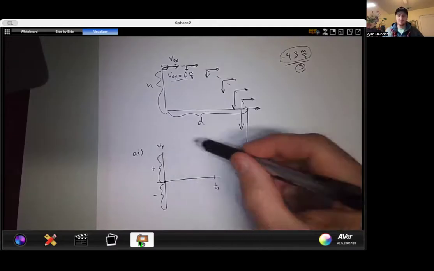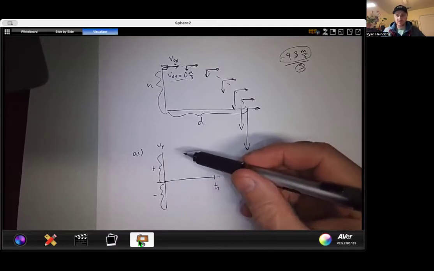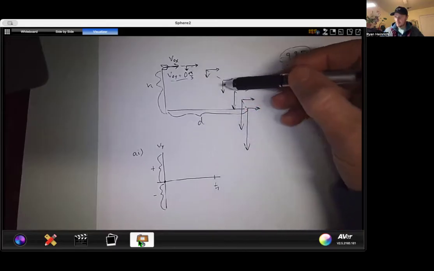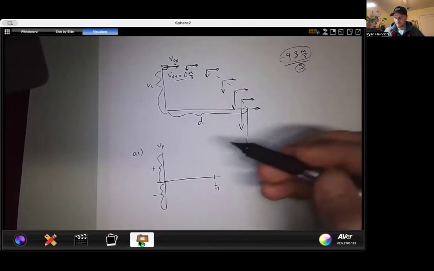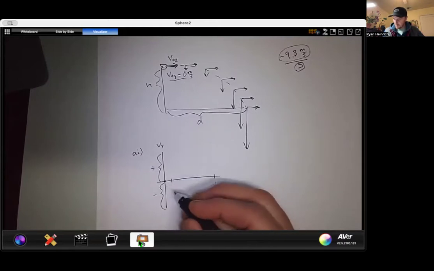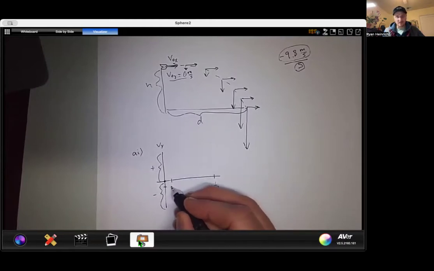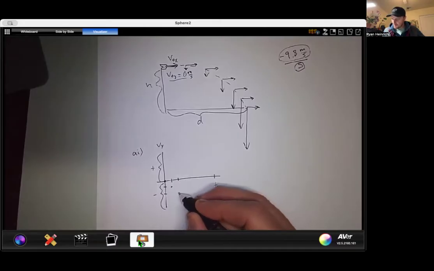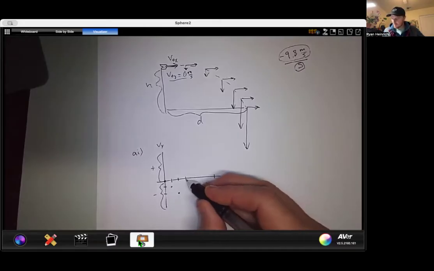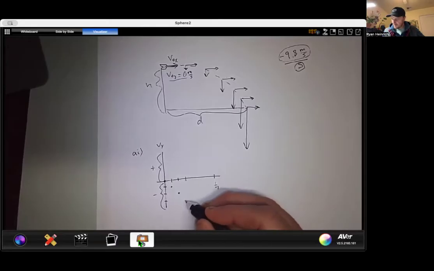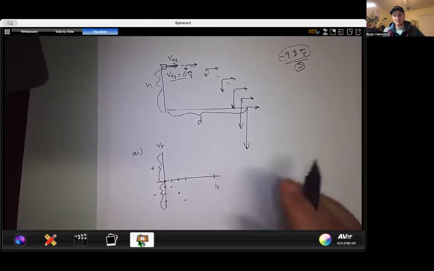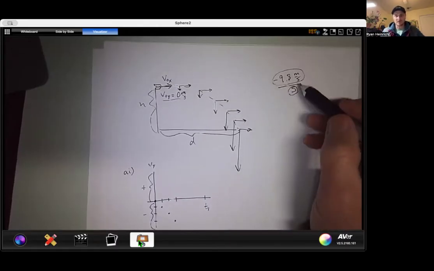We're not even going to be in this region because all of our y velocities are negative, right? So in the first moment of time, we gain some negative velocity. And in the next moment of time, we gain some more negative velocity. But notice that for every unit of time, the amount of y velocity I gain is the same amount because we're dealing with a constant acceleration.